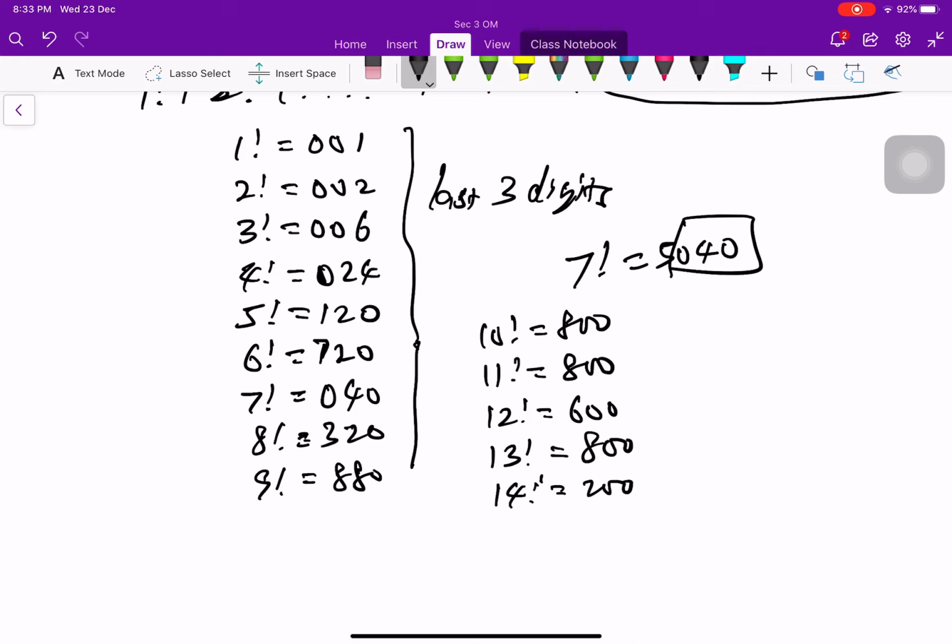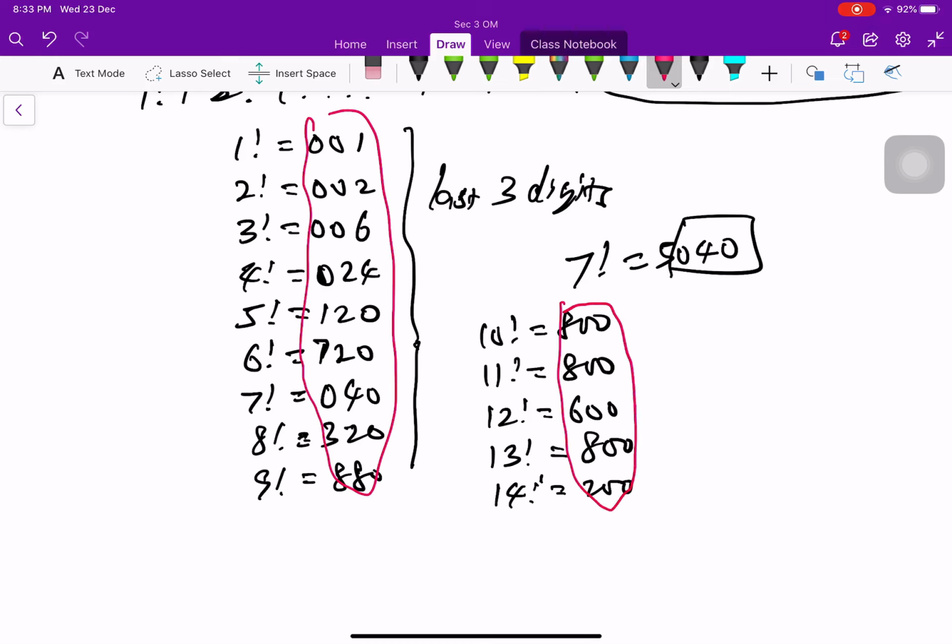Right, therefore, if you add up all these, you really need to add up all these, sum up all these. Then what do you get? You basically get 5313.